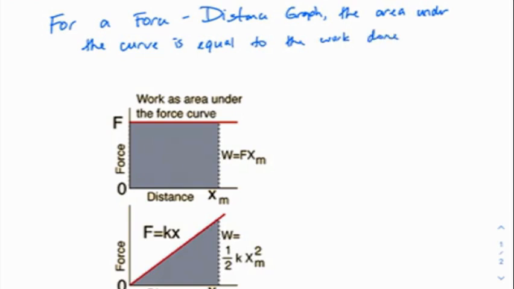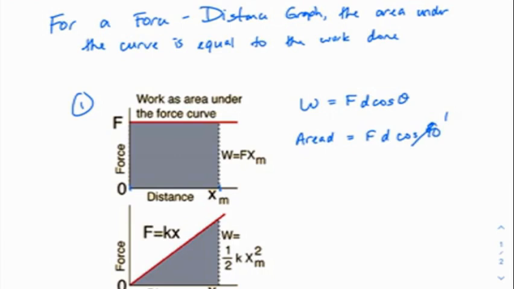This first graph shows a constant force, which is pretty straightforward. Work is equal to F d cosine of theta. If it's a constant force, the y value stays the same and goes from 0 to x distance, so that's d. The area is just the constant force times the distance over which that force was exerted, with the cosine of 90.